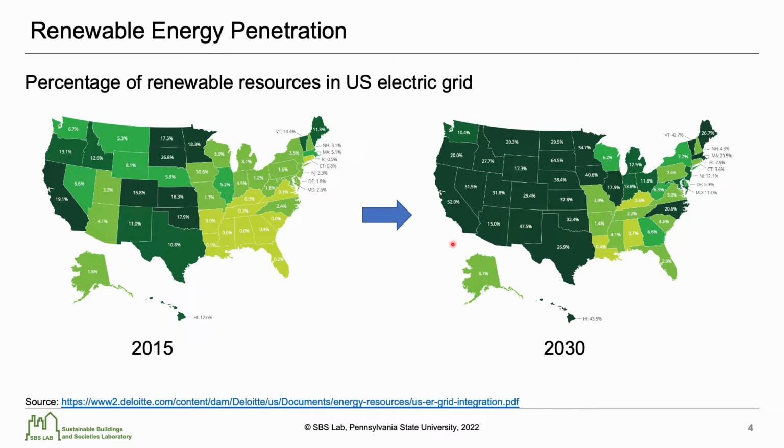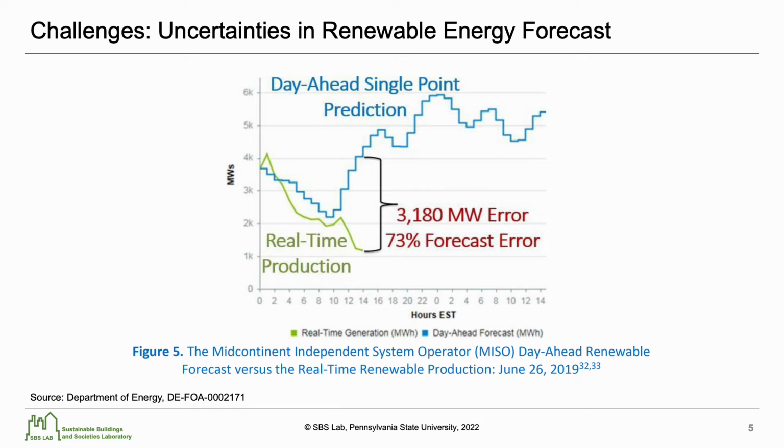On one side, it is good to use more and more clean energy, but on the other side, this high penetration of renewable resource will also bring challenges to our future power grid operation. For example, there are many uncertainties when we're forecasting available renewable energy resource.